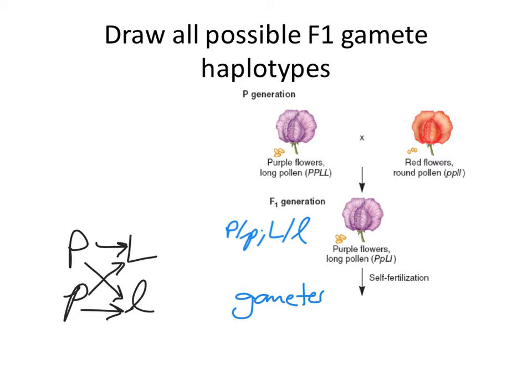And that's what we've been talking about in the last couple of class sessions. So you can get big P's with big L's, big P's with little l's, little p's with big L's, little p's with little l's.